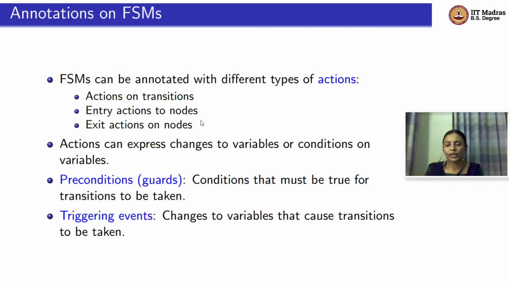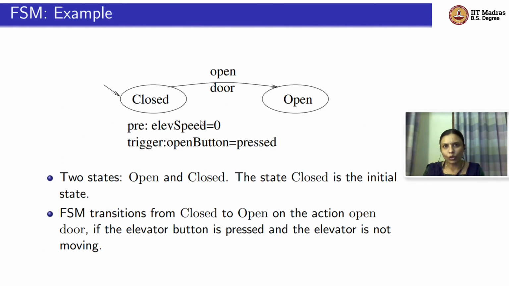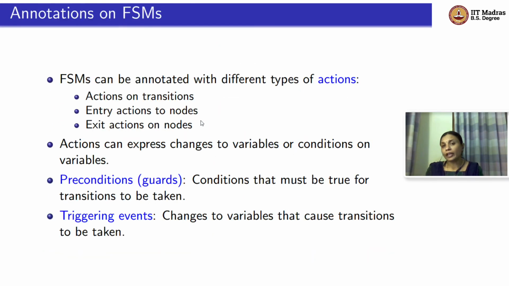As I told you, this was a very small FSM. This was even smaller, the open door, closed elevator door. They can, in general, model very rich control logic. They can be annotated with different types of actions: actions that happen on transitions, actions that happen when you enter states, actions that happen when you exit the states. And these actions can represent what changes happen to the variables.